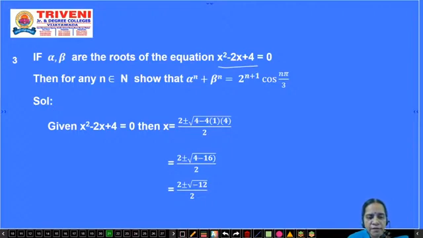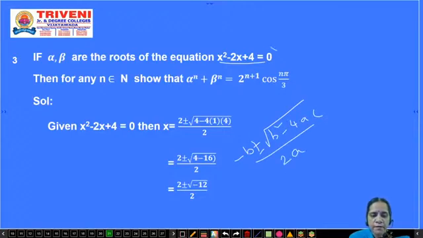First, the given equation is x square minus 2x plus 4. We have to find the roots of the equation, which are x equals minus b plus or minus square root of b square minus 4ac, by 2a.